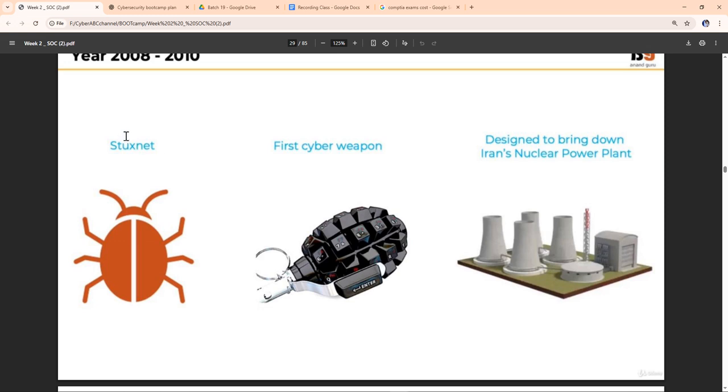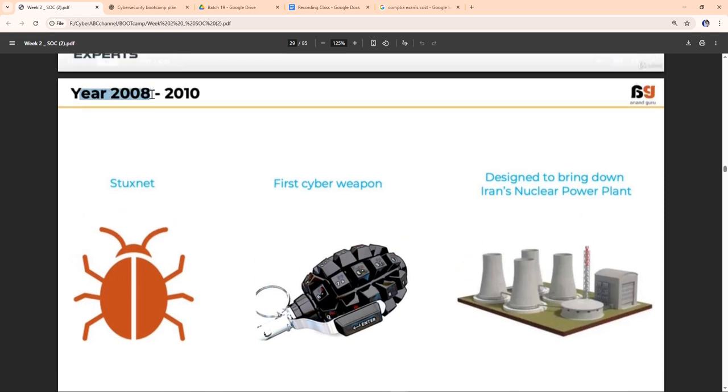Between 2008 and 2010, Stuxnet was developed, which was allegedly the first cyber weapon, designed to do one task. You see what it was designed to do?